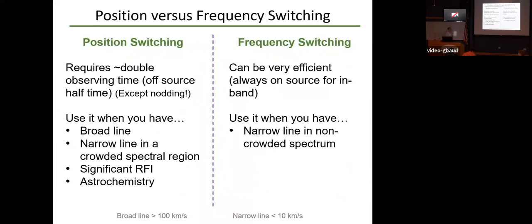Now, CO is everywhere. HI is also everywhere, like Dave was saying. But HI is not a good line to use frequency switching for because it's so broad, right? Your frequency throw would have to be very large. And I don't know that I've ever seen people really do galactic frequency switching.